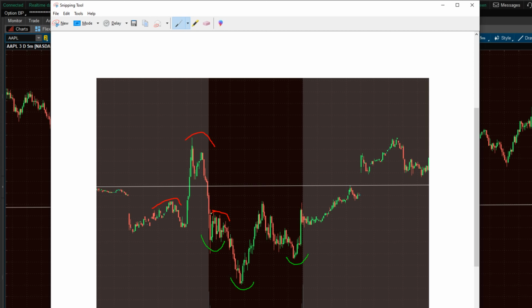And the neckline is a little bit wonky on this one, but I would probably draw it right here. So the break of that one, and this is like a 5-minute chart, so that's after hours, but you can see how when it broke that neckline, you had the nice move up. So that's a head and shoulders pattern.